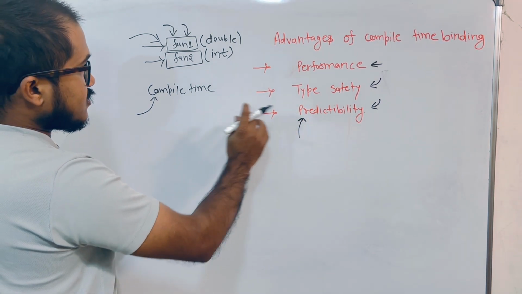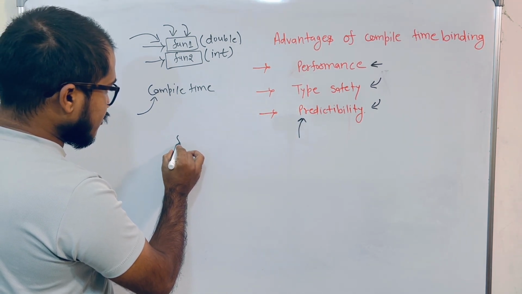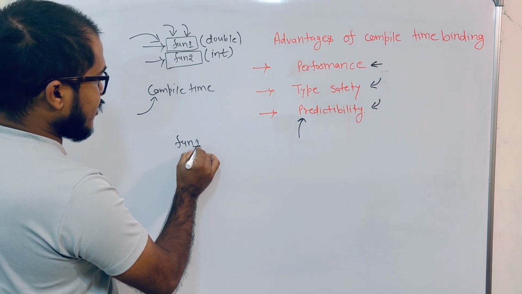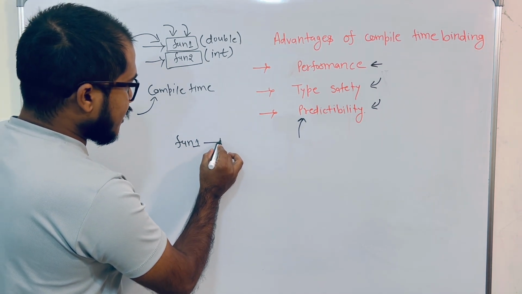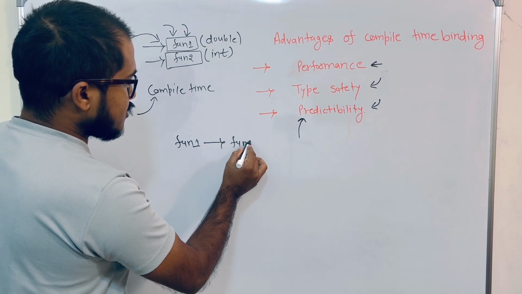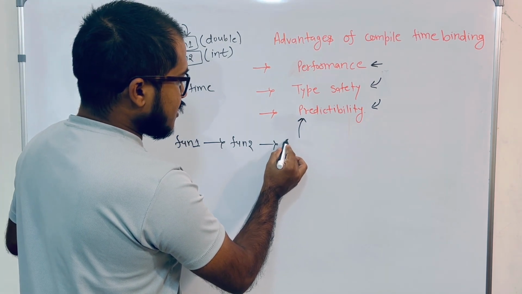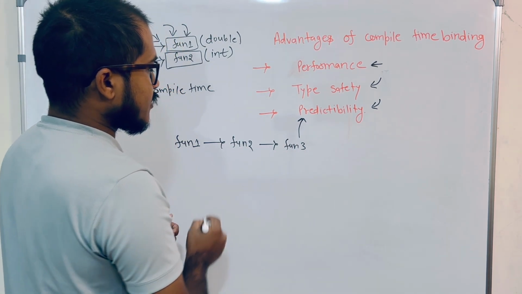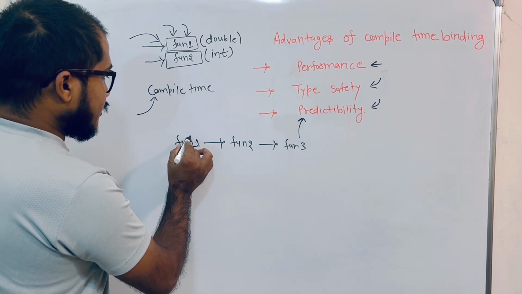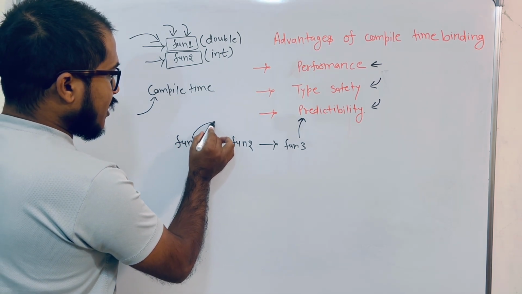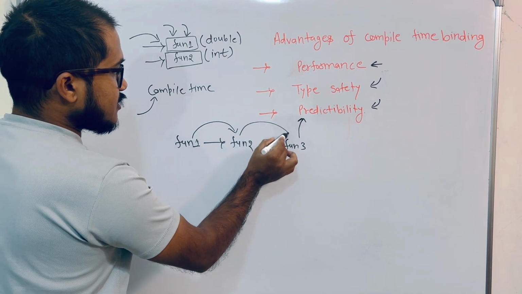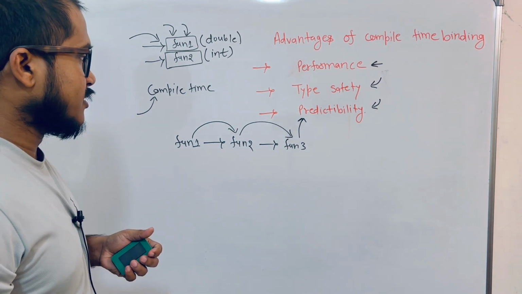Because I know that first function will get executed, and then function 2 will execute, and then function 3 will execute, like this. So I can see how my product or my system is going to behave in this case.